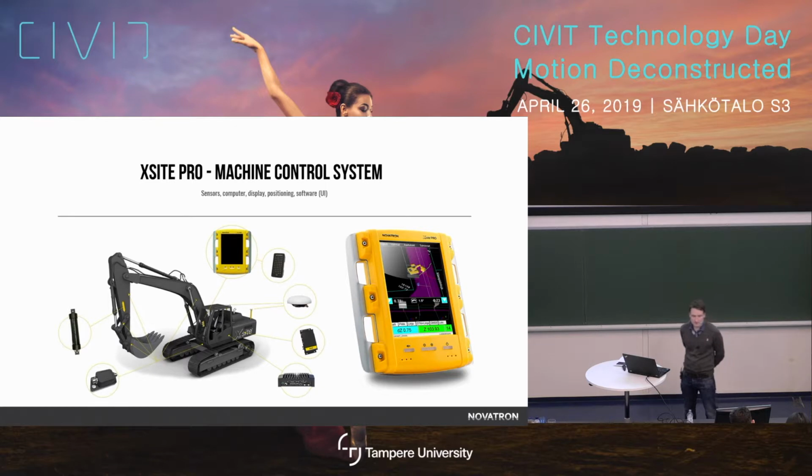Then, to actually calculate the position of the bucket, we use our own IMUs, which will be located in the frame, boom, arm, and bucket of the excavator. So basically, we will have the kinematic link from the GNSS poles all the way to the end location of the bucket. That basically gives us the information what we need to actually do our work.